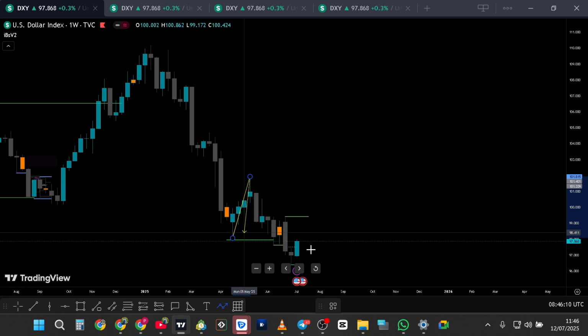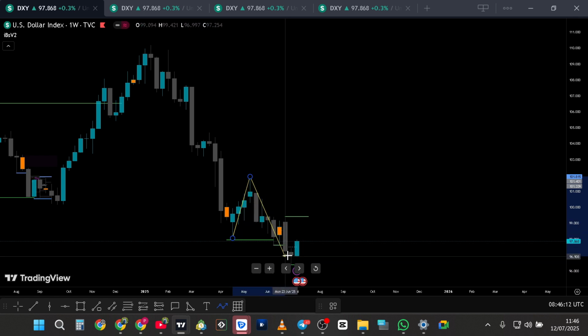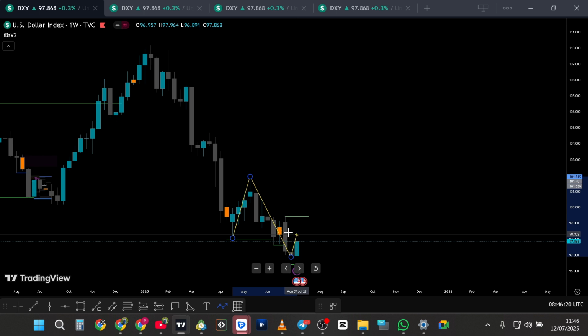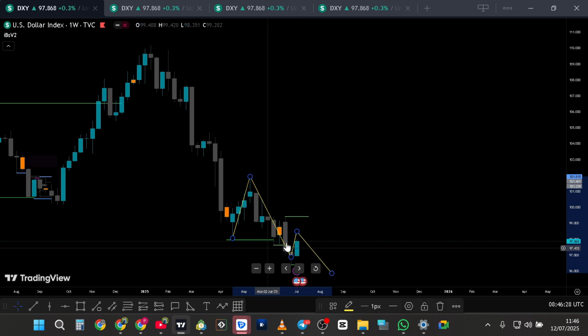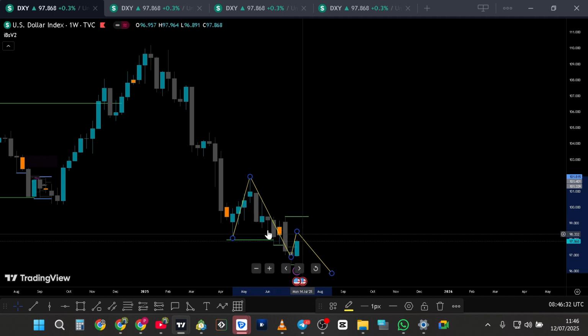But this market structure is for the daily, so don't really pay that much attention to it right now. So we broke that low and then price has come back to this supply. So I'm expecting maybe for it to react from there and then continue to the downside. Whether it's just where it is and continues or it wants to go deeper, we'll have to see that coming in next week.